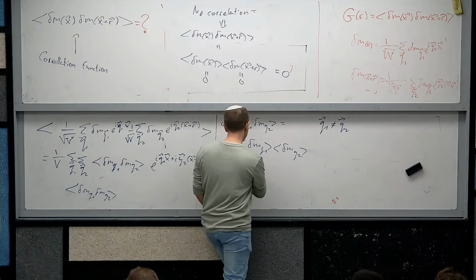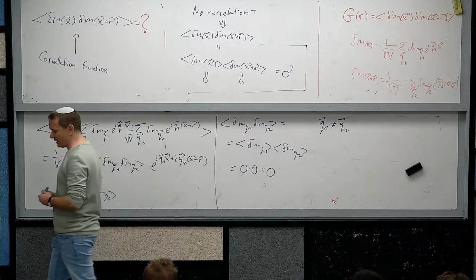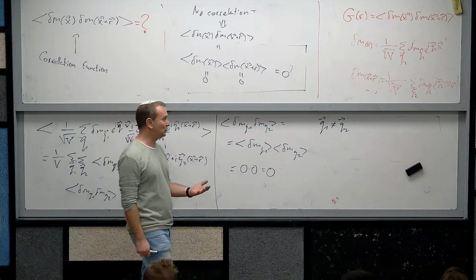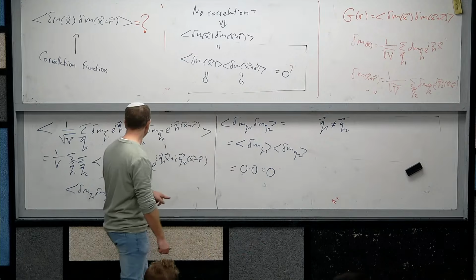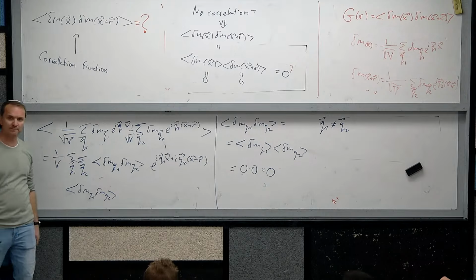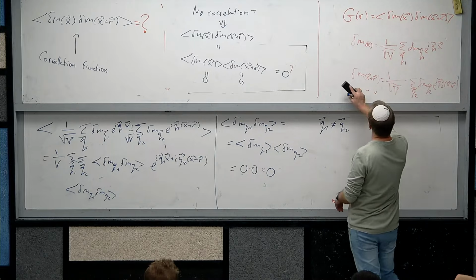So this is simply 0 multiplied by 0, which is 0. So for any case when q1 does not equal q2, this equals 0, and you don't care about anything. That's the regular case.